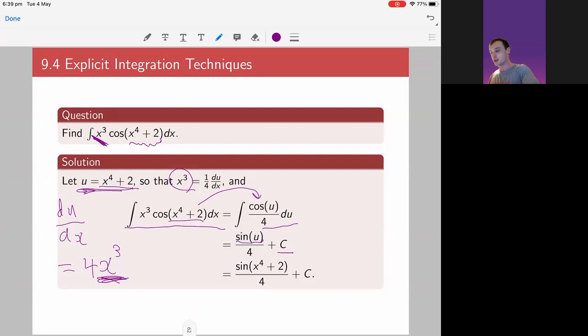But remember, we've got to include our plus c constant. And also, it's good manners to write your final answer in terms of the variables that you were originally presented with in the first place. The question was presented in terms of x, and so we shouldn't really leave our answer in terms of u. Remember, u was x to the 4th plus 2. So the final answer is going to be sine of x to the 4 plus 2 on 4 plus c, and c is any real number.